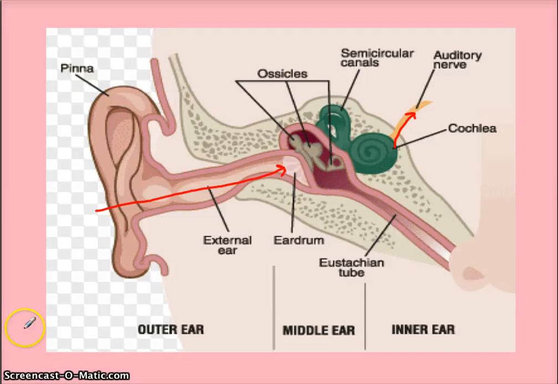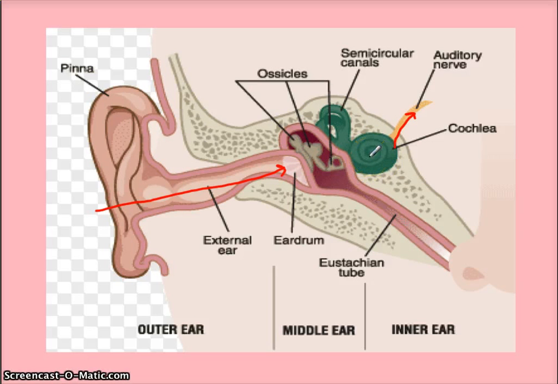Vibrations hit the eardrum, and I'm not going to go into huge detail on this. I just don't think it's as pertinent to physics itself, but once it hits the eardrum, it goes through these three little bones right here, and then you have the cochlea.